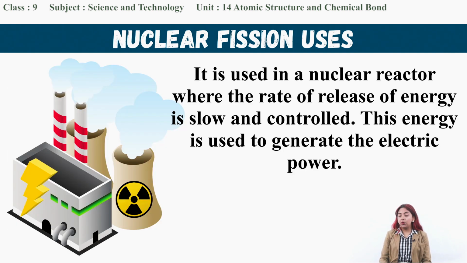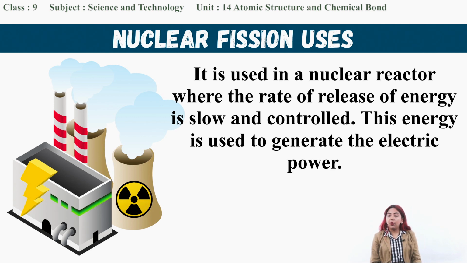Another use is in a nuclear reactor, where the fission is controlled and very slow, so that a massive explosion does not occur. If the reaction is slow and controlled, the energy generated is used to generate electricity. We'll study this in detail later on.